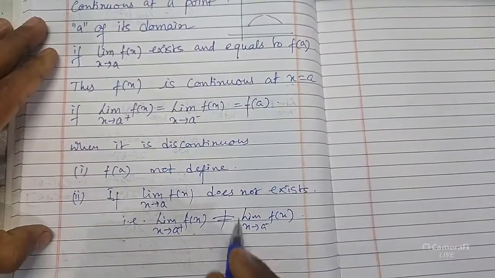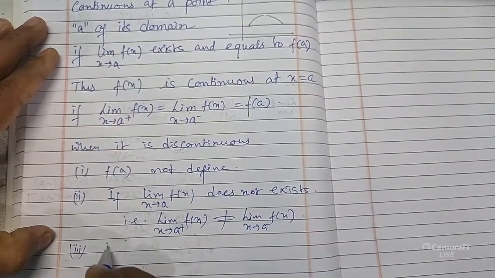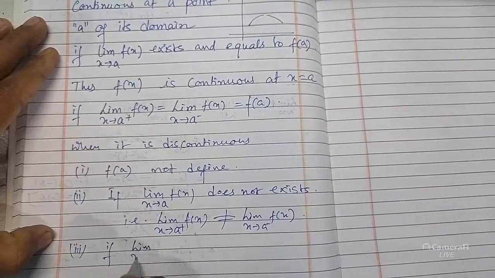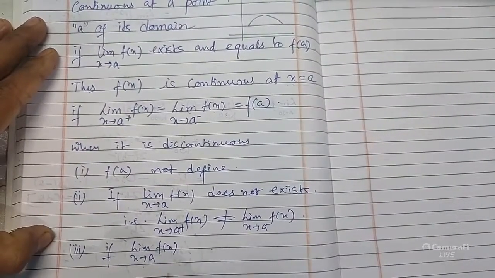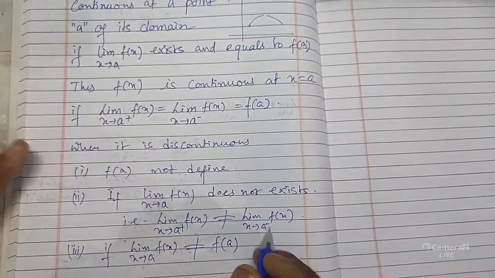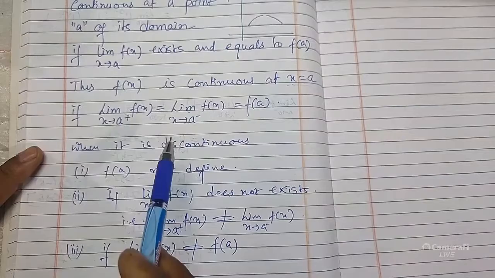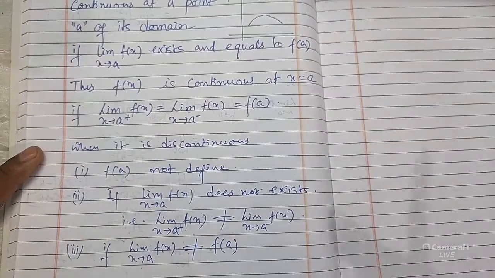If these two values are not equal, the limiting value does not exist. And number three, if the limit as x tends to a of f(x) is not equal to f(a). If any of these three cases is there, then the function is not continuous, otherwise the function is continuous.